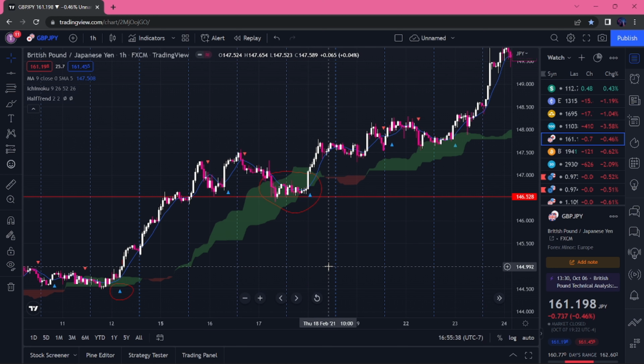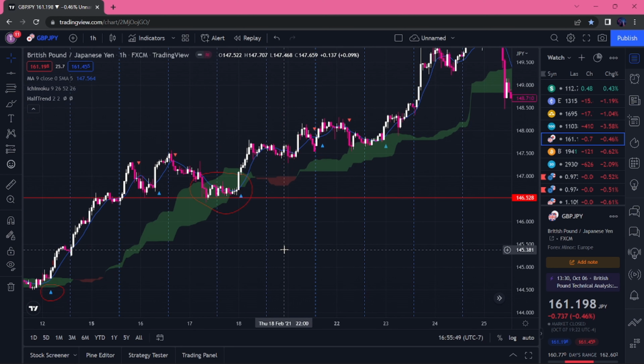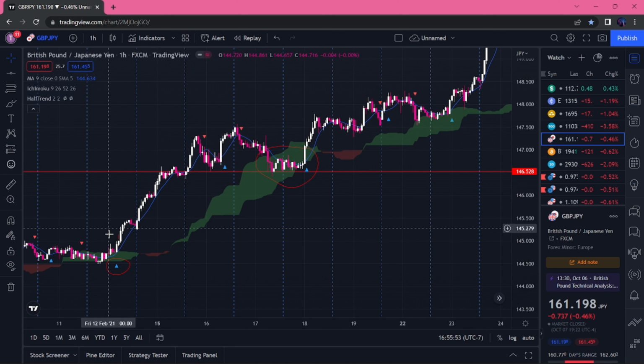At that time, you want to find out what type of zone you're in. Are we in a resistance zone or are we in a support zone? From there you can determine if you want to stay in this trade a little bit longer or not. So we got in the trade here and we recognize this support zone here.